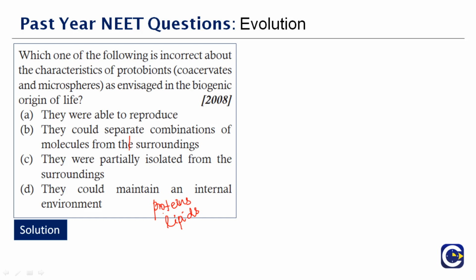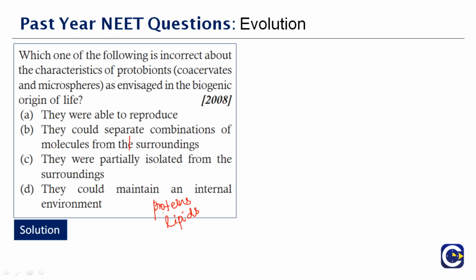Coacervates are droplets arising spontaneously under appropriate conditions and may have been the pre-biological system from which the living organisms originated. So what are they? They are macromolecules. Remember what all comes under it? Proteins, lipids, enzymes, etc. So you have to analyze the 4 statements and tell me which is the right answer.